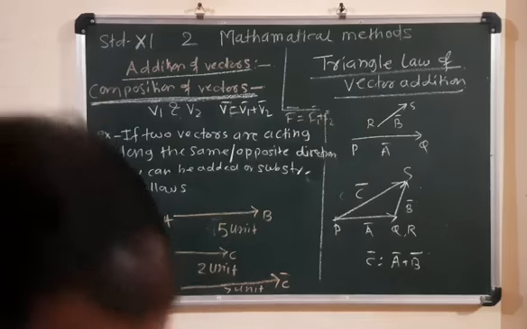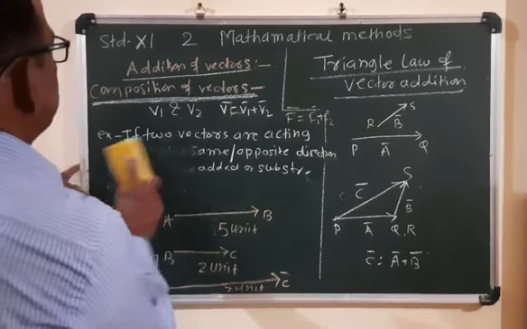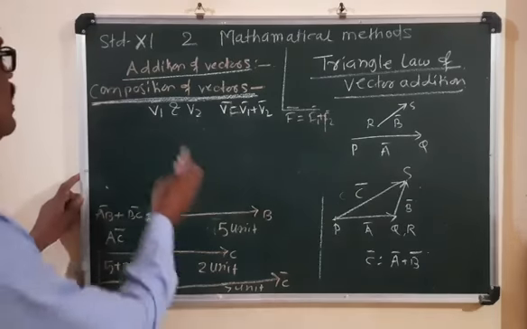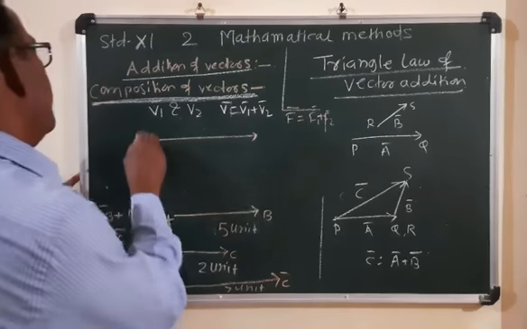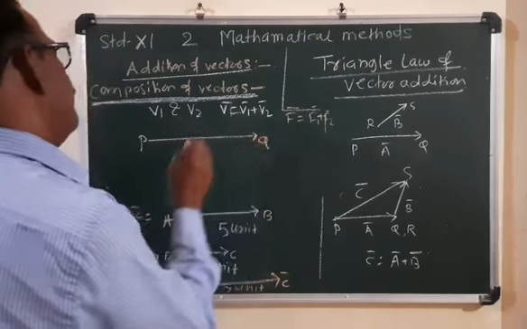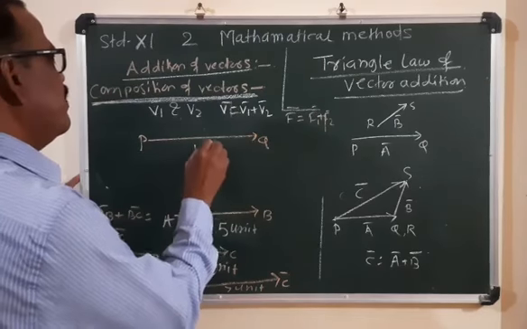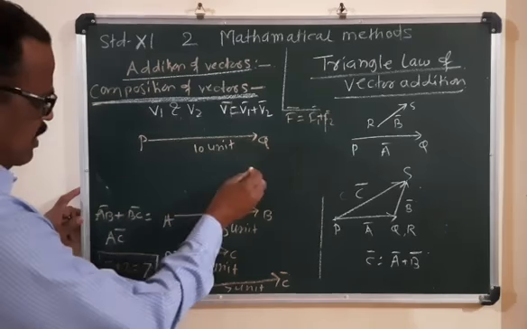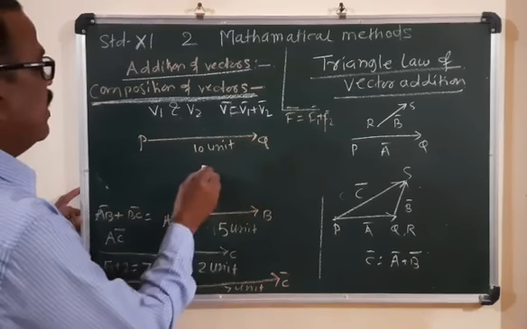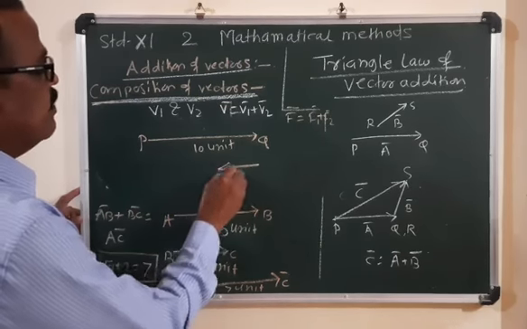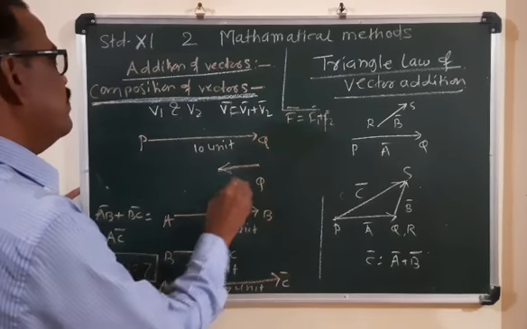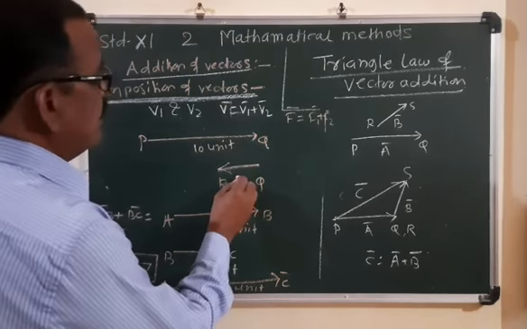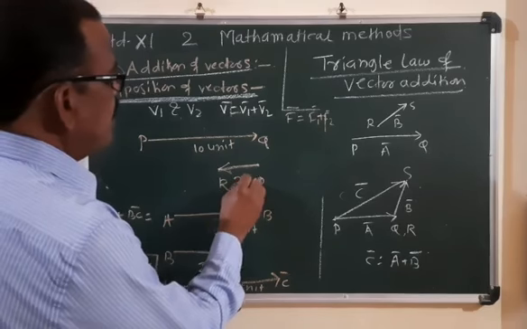Next, we have to take the subtraction of two vectors. For this case, we consider the vector PQ bar having magnitude equal to 10 unit, and the second vector, QR bar, whose magnitude is equal to 3 unit.